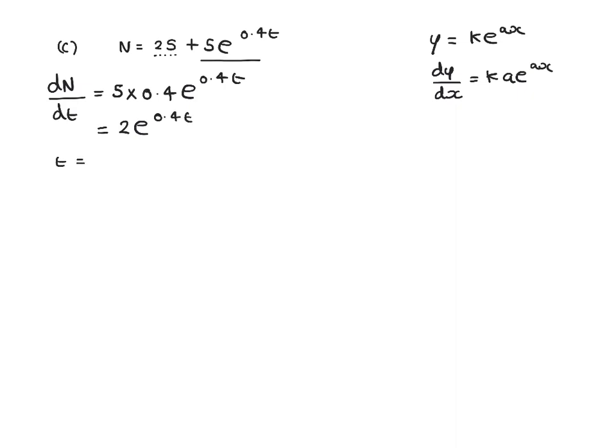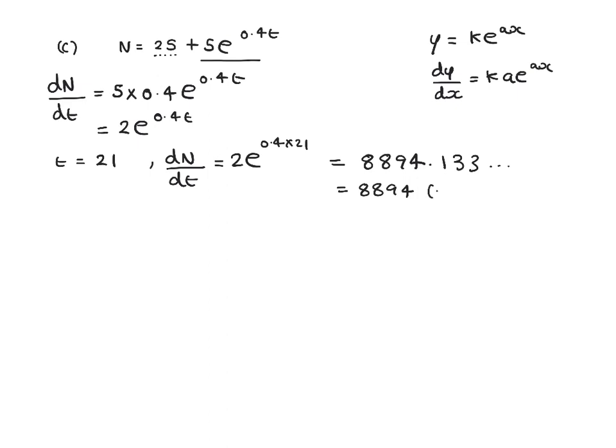We know that t is equal to 21 days across 3 weeks, so dn by dt is then equal to 2e to the 0.4 multiplied by 21, which works out to be a value of 8,894.133, etc. So 8894 to the nearest whole number of bacteria.